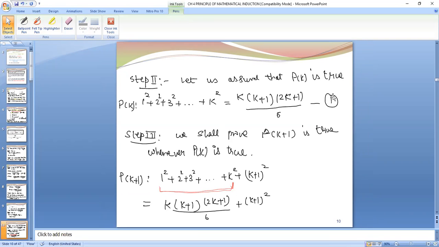This you have taken in the assumption, from number 1. This term k plus 1 whole square stays as it is.